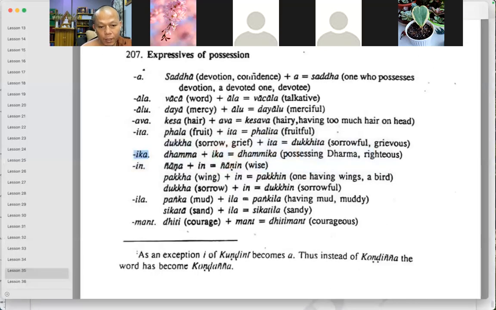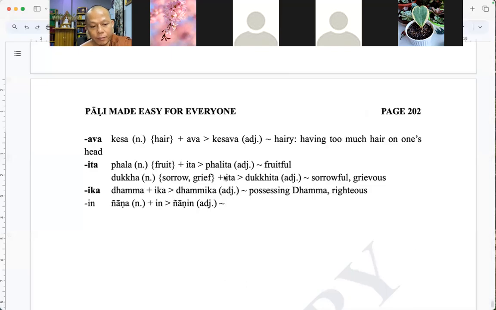So jnana means knowledge or wisdom, and jnane means wise. As an adjective, wise. So that is a.